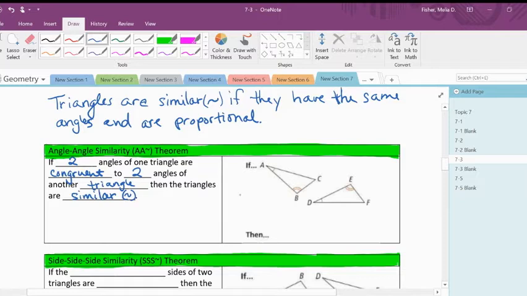So if angle A is congruent to angle D and angle B is congruent to angle E, then triangle ABC is similar to triangle DEF.